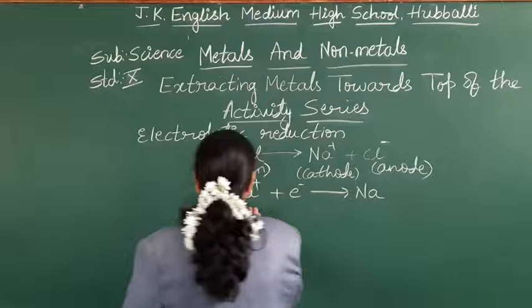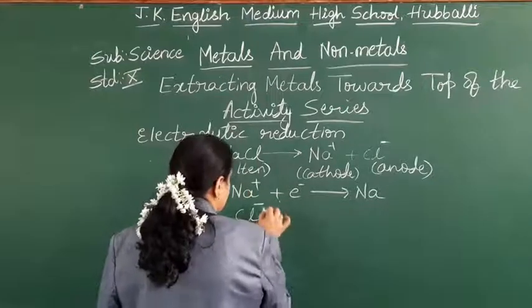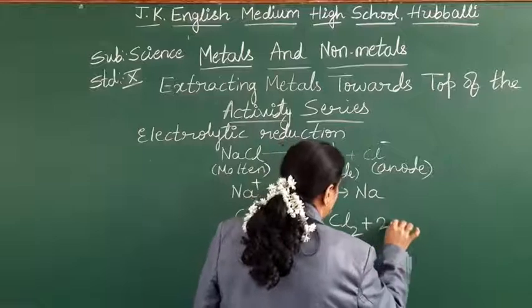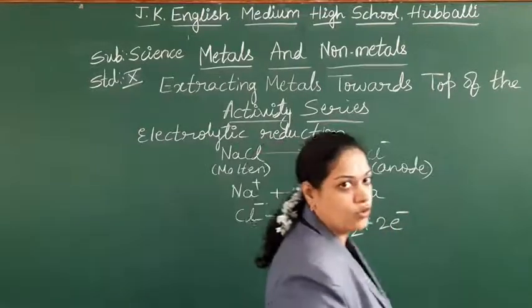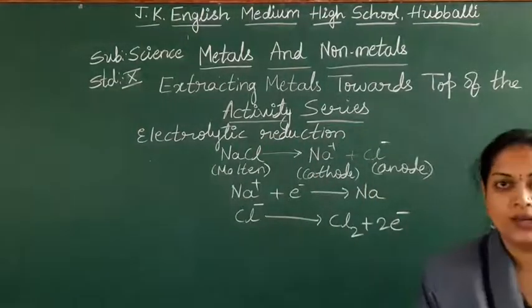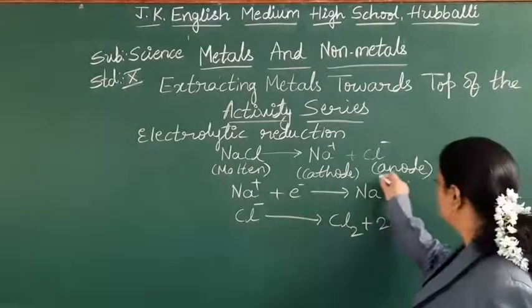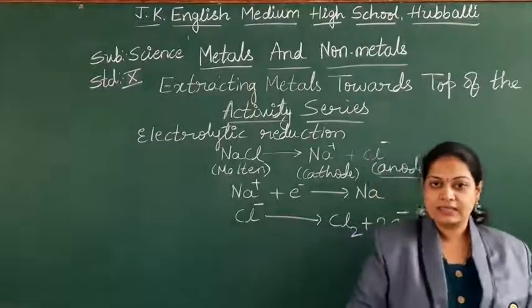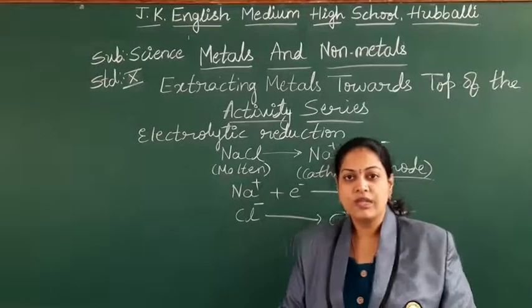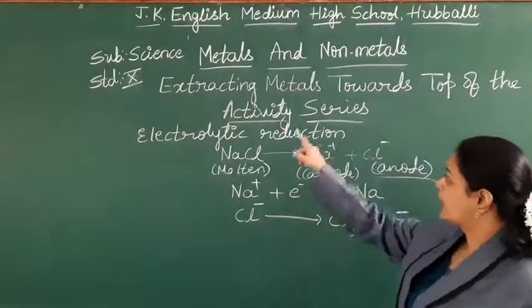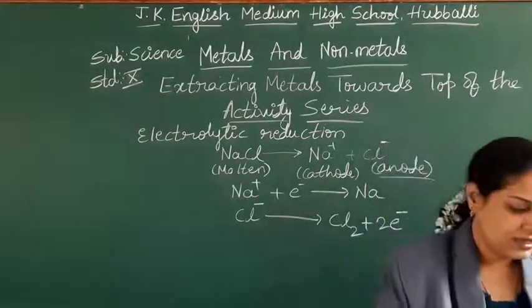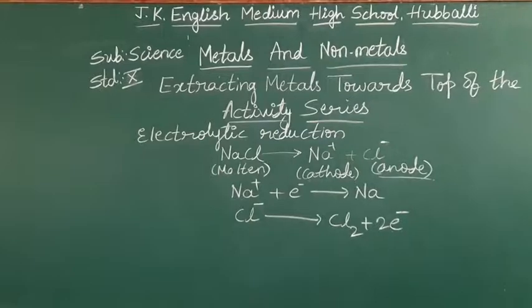And Cl-, you are going to get it as Cl2 plus the electron. So it will form chlorine, and chlorine will be released at the anode. Like this we can extract the metals which are at the top of the reactivity series. Right, students? Take down the equations.